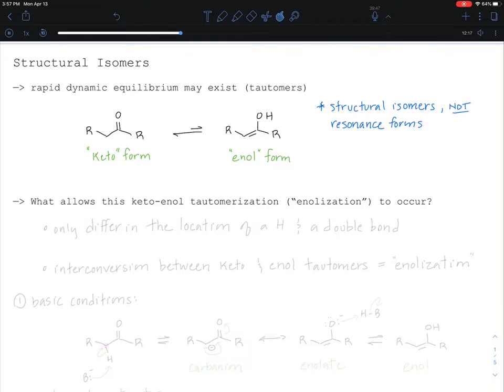So they basically differ in the location of a double bond and a hydrogen. So that's the first thing you notice. These things only differ in the location of a hydrogen and a double bond.